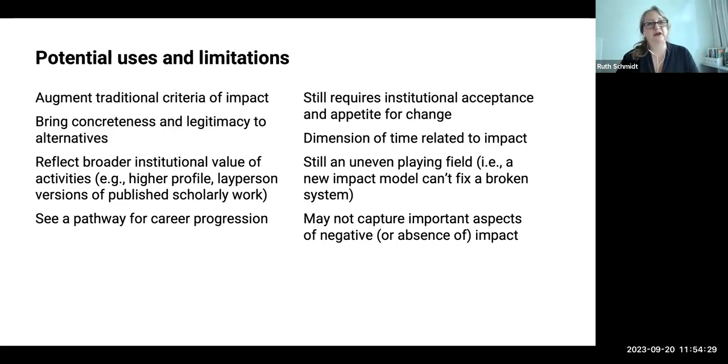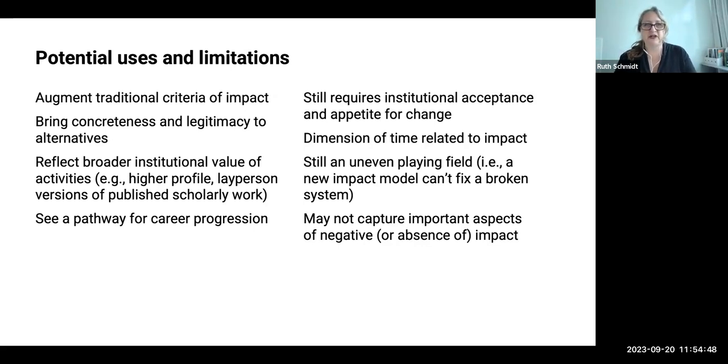This notion of both concreteness and legitimacy has been important. We've seen that throughout in any of the tools that we build, partly because being able to illustrate something real is useful, but also being able to see that others have achieved something can help build confidence that we can do it too.